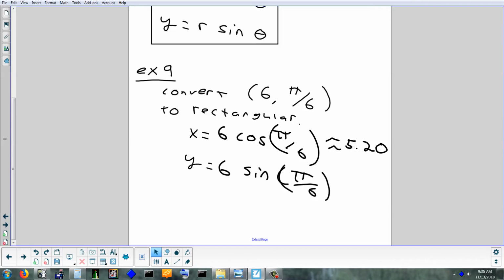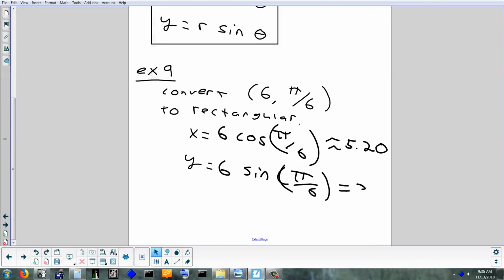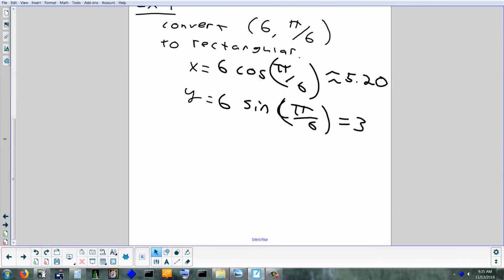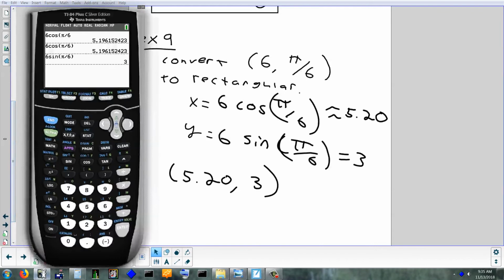So when you're doing the y value, you want sine. I wrote the wrong one. So 6 sine pi over 6 gives me 3. Okay. So the coordinate in rectangular is 5.20, comma 3. Okay, any question on that?